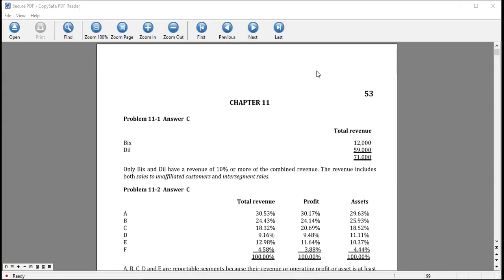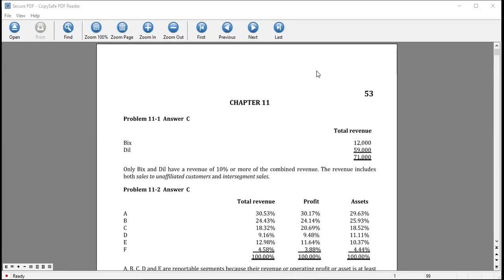Chapter 11 is operating segment, and we have the following objectives in the study of operating segment: to identify the core principle of segment reporting, to understand the concept of an operating segment, to identify the criteria for the recognition of a reportable segment, and to identify the information required to be disclosed for a reportable segment.